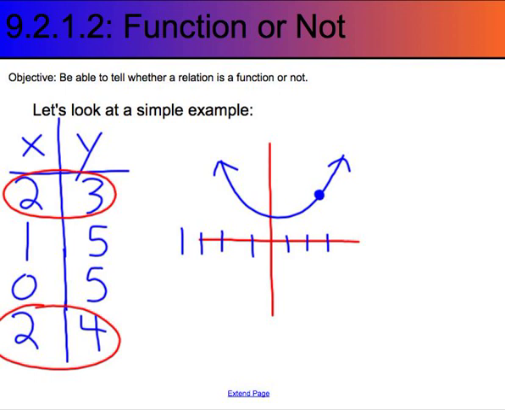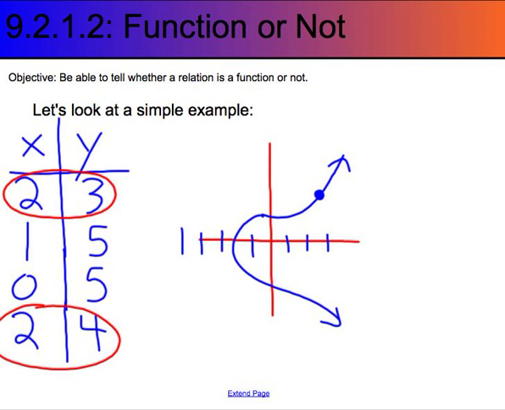Now let me change this graph so that it is no longer a function. Now this is kind of a weird shape. I don't even know of what equation would make a picture like this. But this is now not a function.